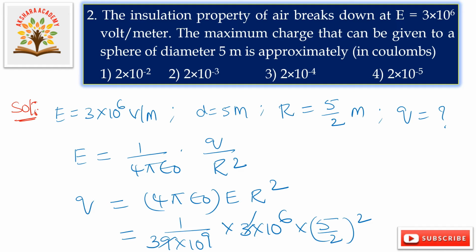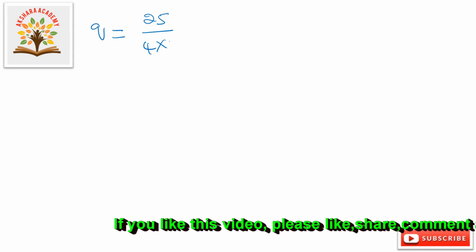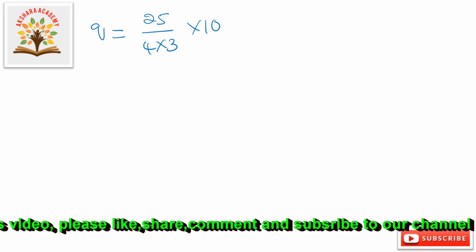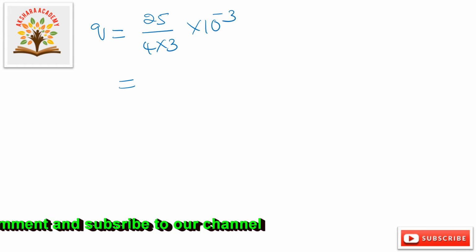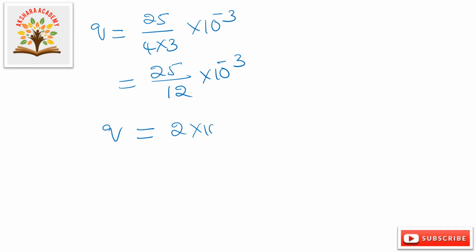So next Q is equals to 5 square 25 by 4 into 3 into 10 to the power of minus 3. So that is equals to 25 by 4, 3s are 12 into 10 to the power of minus 3. So approximately the maximum charge Q is equals to 2 into 10 to the power of minus 3 coulombs.